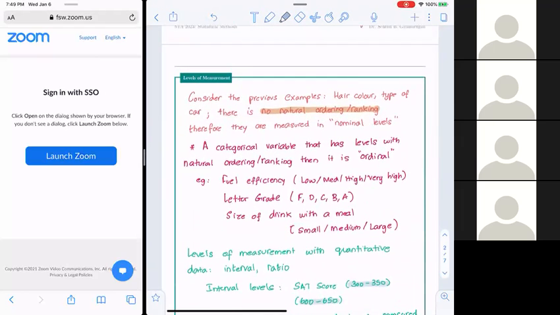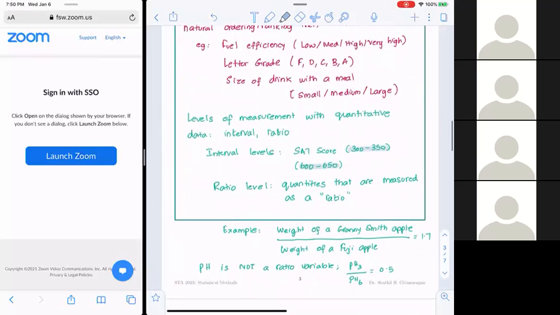With the qualitative case, it is always best to understand the difference between nominal and ordinal levels. But with the quantitative case, oftentimes it wouldn't make any sense for us to classify data as either interval level or ratio level.